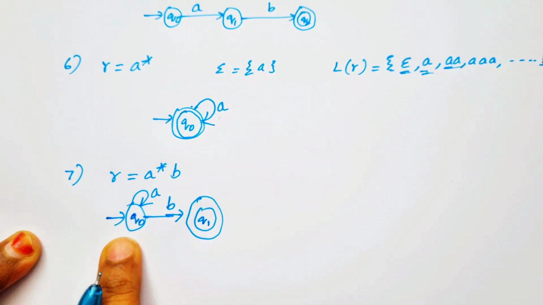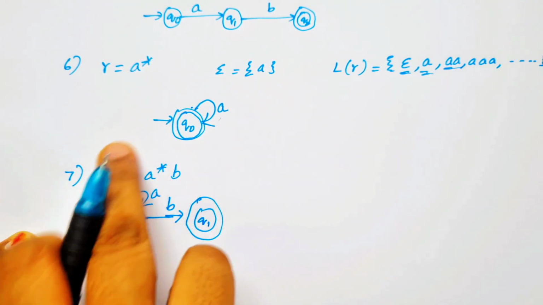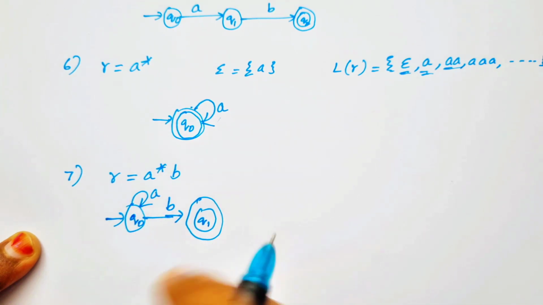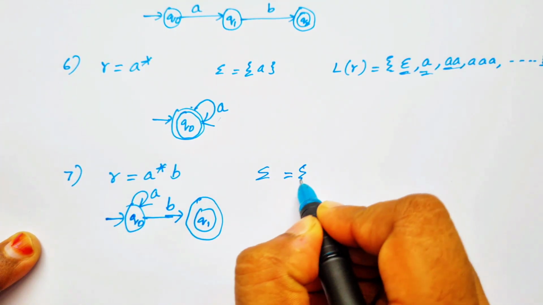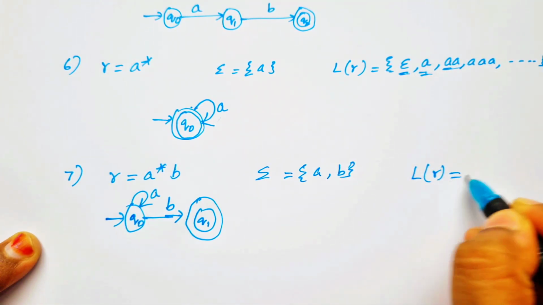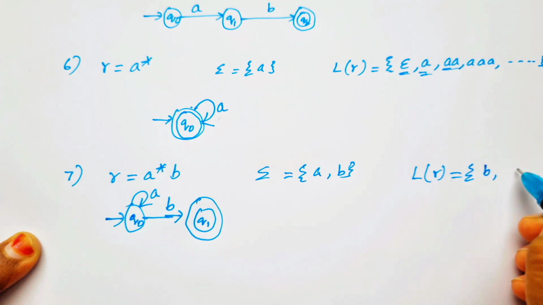If I take the final state here, you will end in A, but the string must end in B. That's why I have taken the final state here. Here the sigma is A, B and the strings are epsilon B meaning B, AB, double AB, triple AB. You can see here.